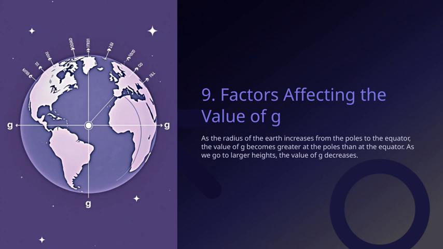This is because gravity weakens as the distance from the Earth's center increases. These variations are important to understand because they influence how objects behave at different locations and elevations on Earth. Understanding these factors helps us grasp the dynamic nature of gravity and its dependence on Earth's shape and size.